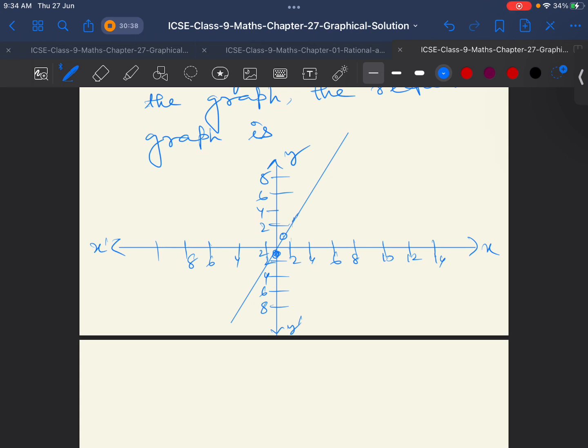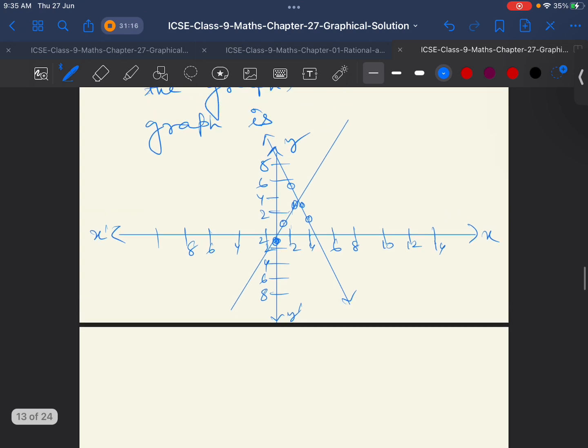Now we plot the 4, 1 point, 2, 5 and 3, 3 point is here. Okay, now we draw the line. Yeah, this is the line.